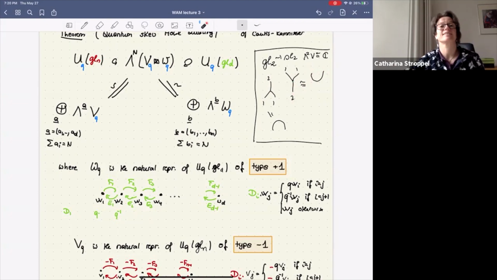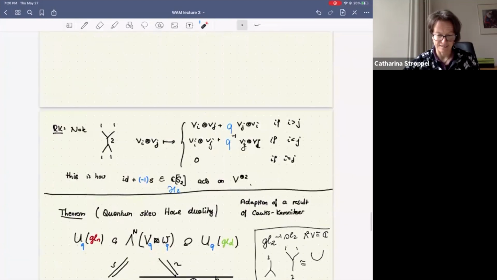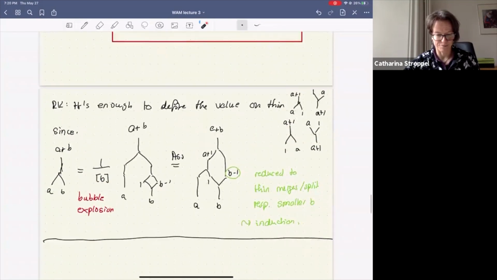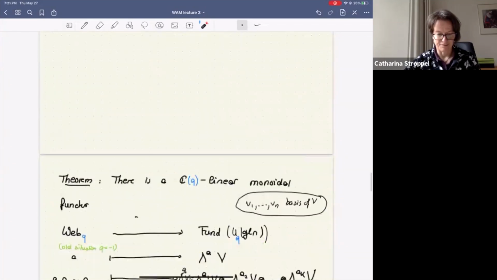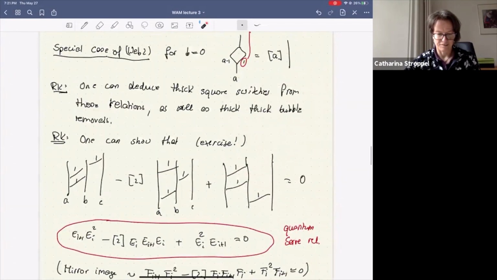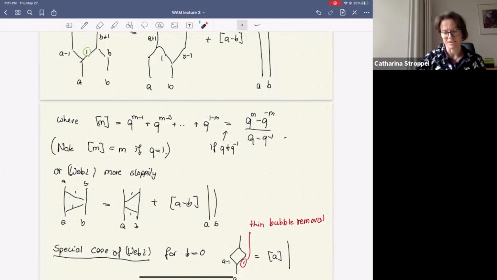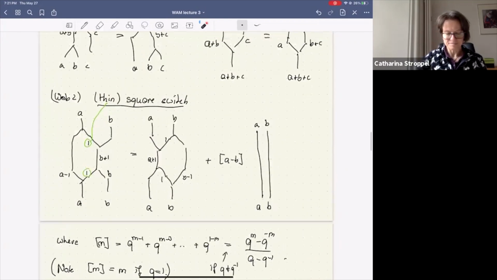And then you get exactly the Temperley-Lieb diagrams. And the relations come from these web relations. If you stare long enough at these web relations, then you see that most of them just collapse, and there's only this defining relation for Temperley-Lieb left over. Okay, thank you.